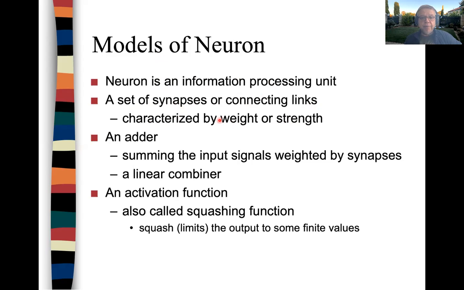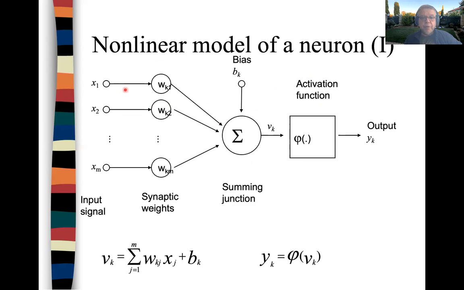So you have your input. These inputs are weighted. So X1, W K1, K for this cell here, W1, X2, W2. So they're added together, they're weighted. So these inputs are weighted and then added here.